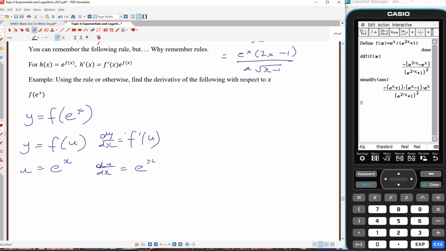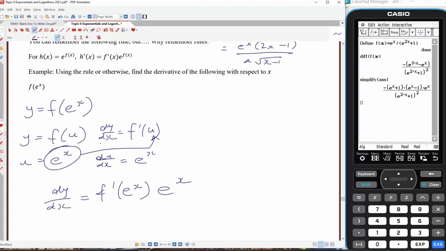So this is the chain rule, so we're going to multiply them. dy/dx equals that multiplied by that, so it's f'(e^x), you substitute that, multiplied by e^x, and there's our derivative. So you don't actually have to have a function to get a derivative.